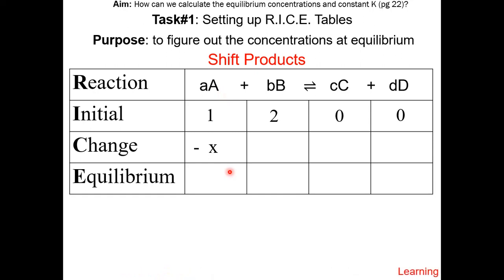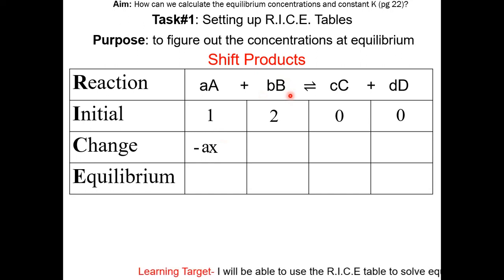We must also keep in mind the mole ratio of each substance in the chemical equation. Therefore, we have to include the coefficient into the change. So A has a coefficient of a lowercase a. So we're going to include it into the change. So for A, it will be minus aX.